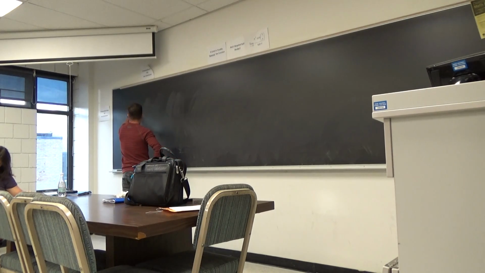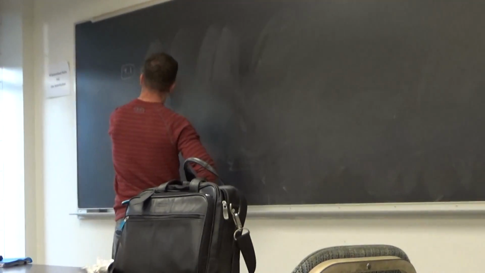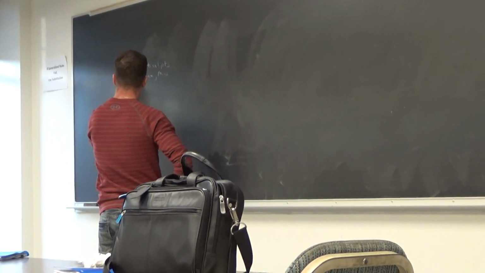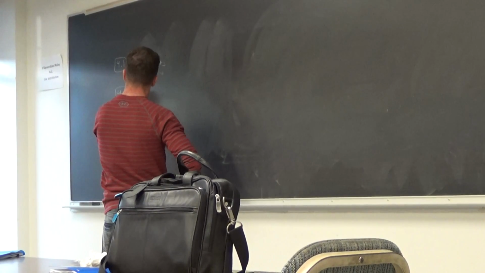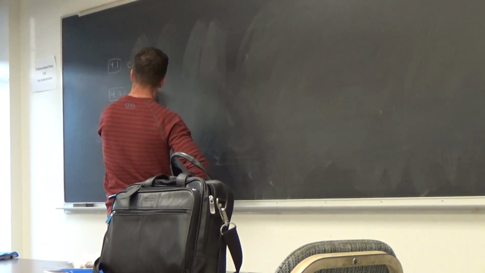4.1 is still just this idea of what critical points, max and mins are. Then we get to 4.2, the mean value theorem.